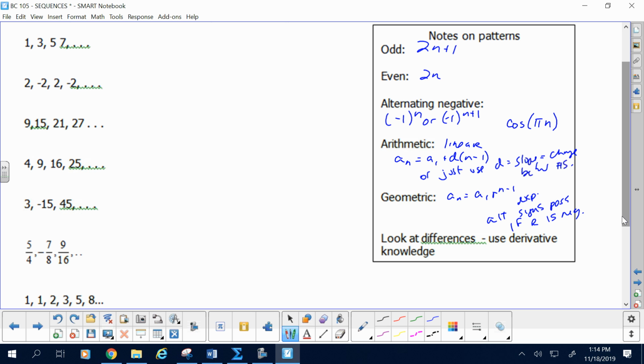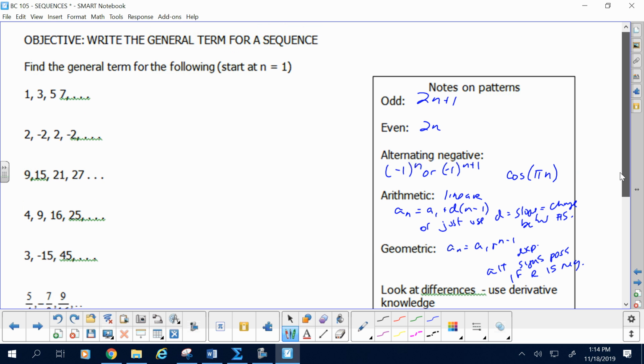Okay, and then you'll have some calculus knowledge going on in here. So, in this case, I give you this sequence and I want the general term. The general term or the nth term could be found by what form? 2n plus 1. Always check. If n equals 1, a sub 1 is?